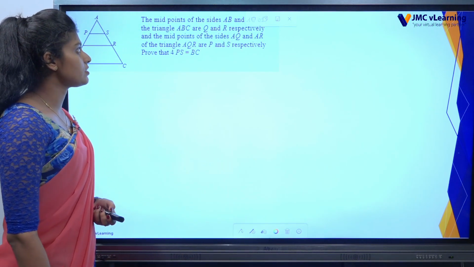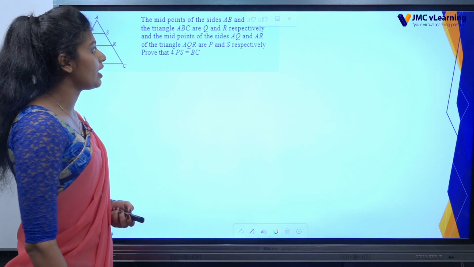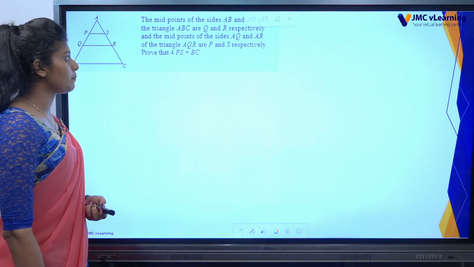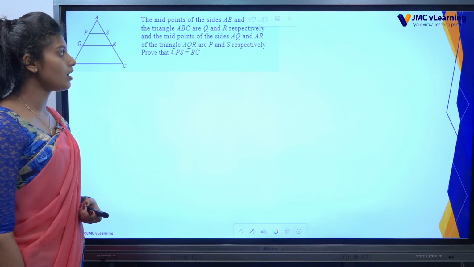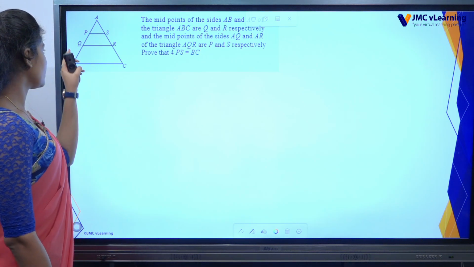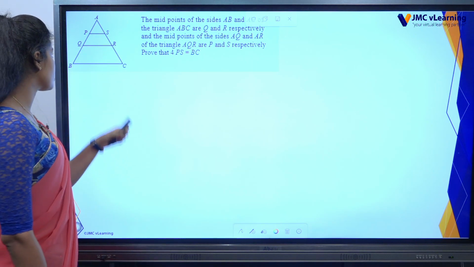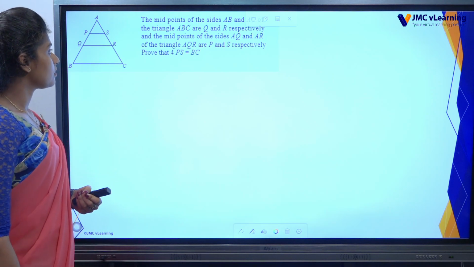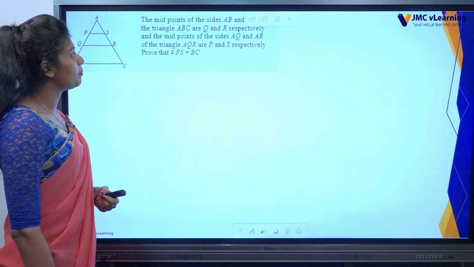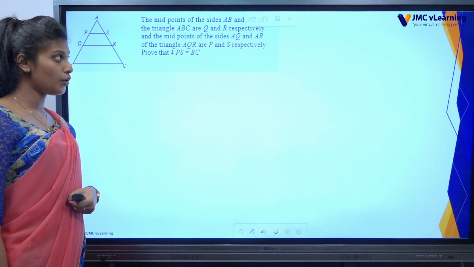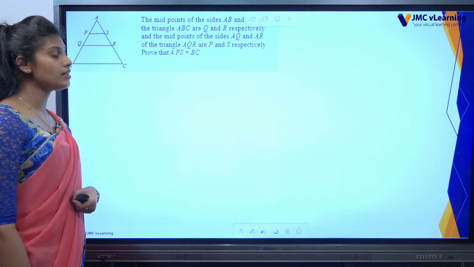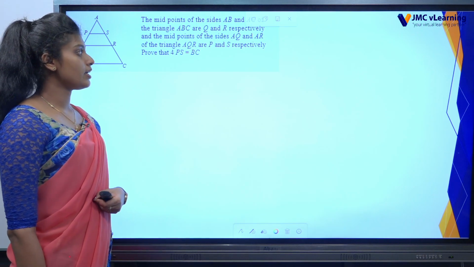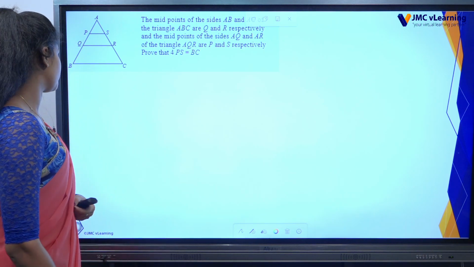The midpoints of the sides AB and AC of the triangle ABC are Q and R respectively. Here Q and R are the midpoints of AB and AC. Then the midpoints of the sides AQ and AR of the triangle AQR are P and S respectively.